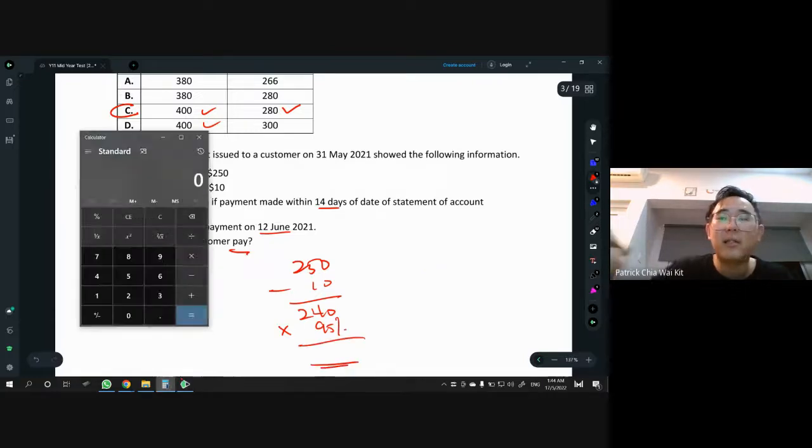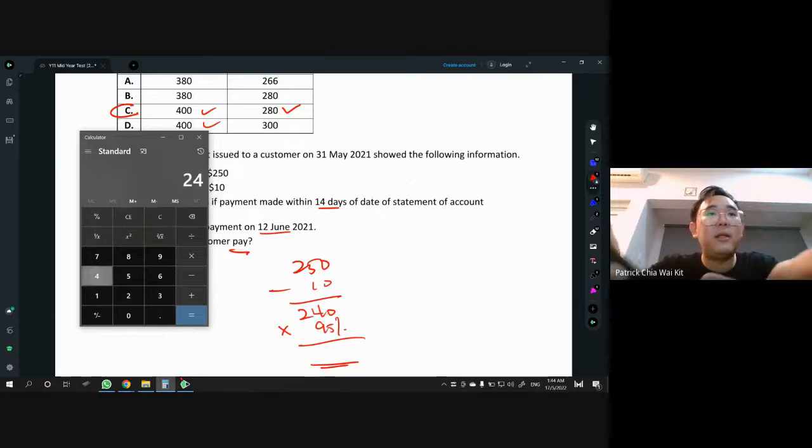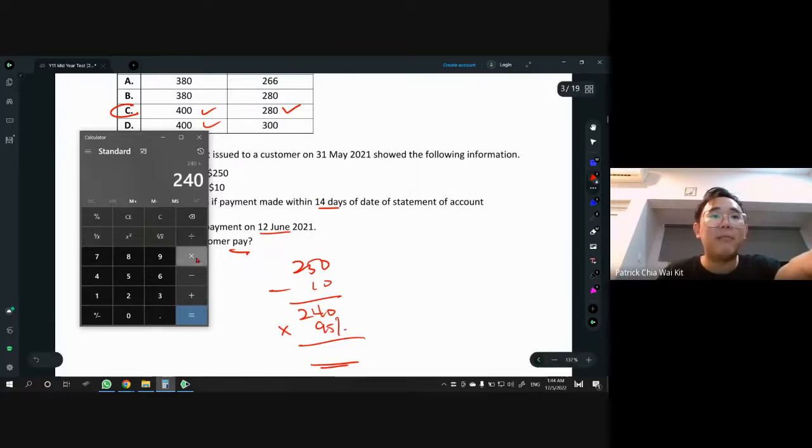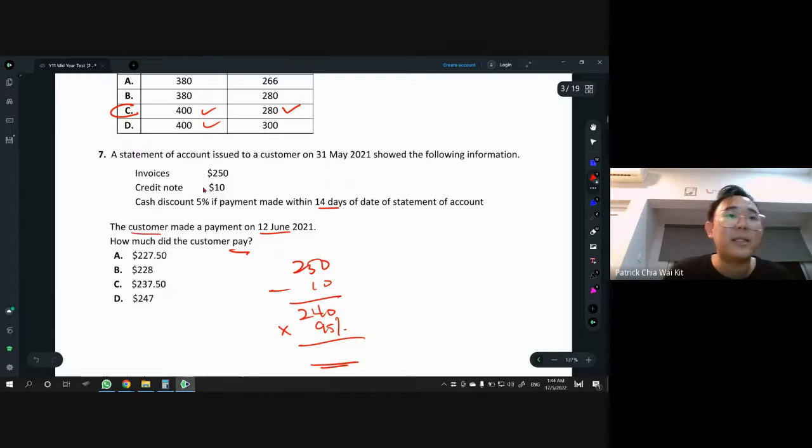So calculator, 240 times 95%. And I get the answer 228. All right, nice. So answer is B, correct. Okay, 228. So you have to check the dates and all. Okay, it's within 14 days. So therefore, entitled to the 5%.